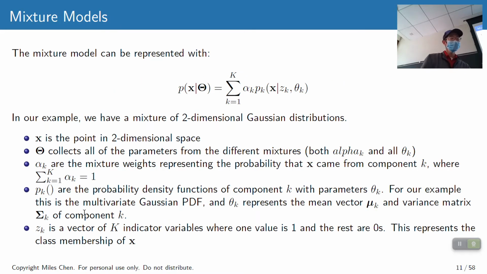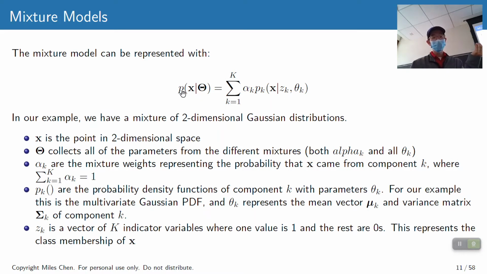When we specify the mixture model itself, we use this formula, in that we have k different components. In our case we have three components, and we take the mixture weight representing the probability that a certain point came from a certain cluster, and multiply it by the PDF associated with that cluster.